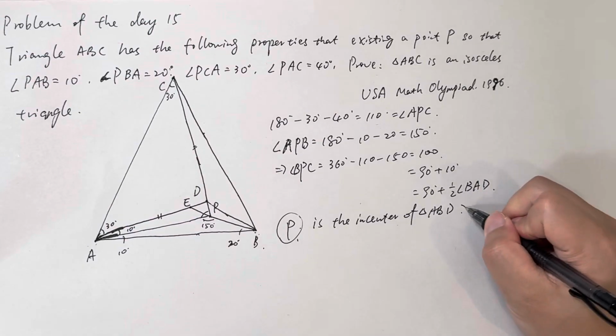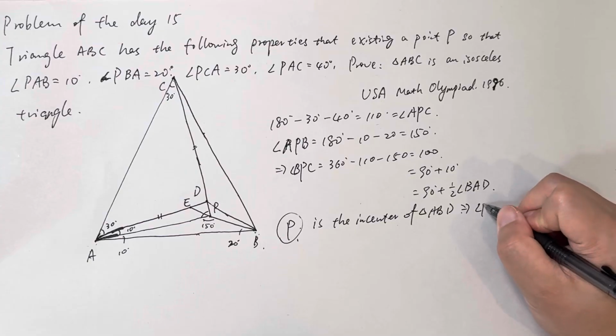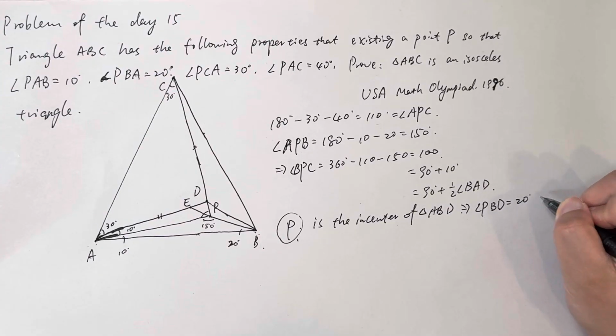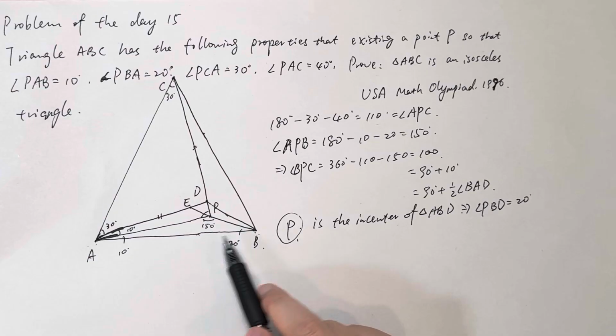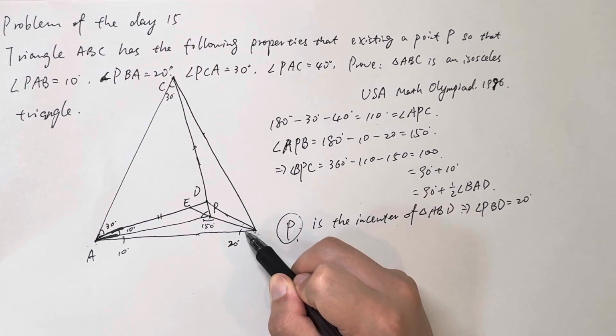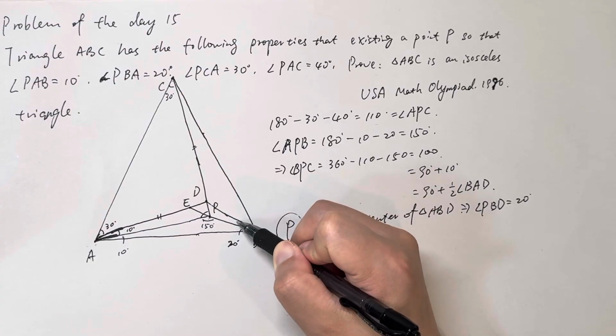Based on that, we know that angle PBD equals to 20 degrees, right? Equals to angle PBA. Angle PBD, this one, equals to this one. So this is another 20 degrees.